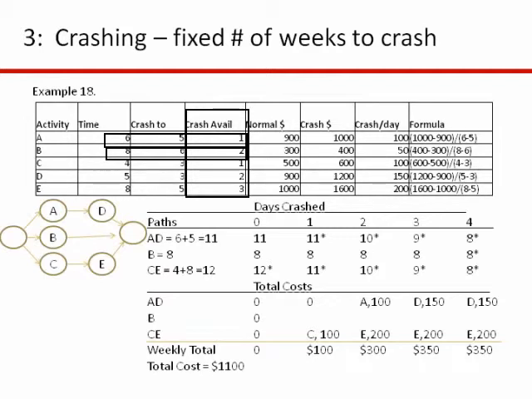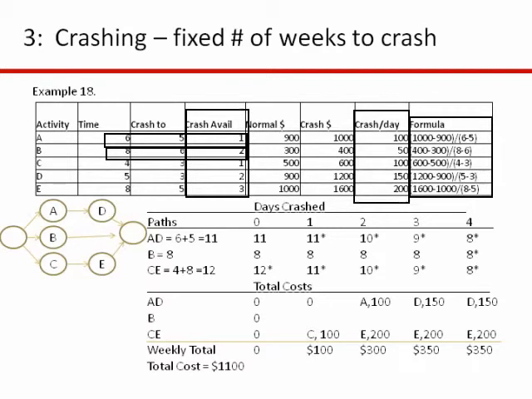And then in terms of the costs, you have to calculate those. Crash per day is just going to be the crash cost minus the normal cost divided by how much crash is available. All right, so I have the formula over here, but this is the second to the last column that's how much it costs per day to crash each of these activities.